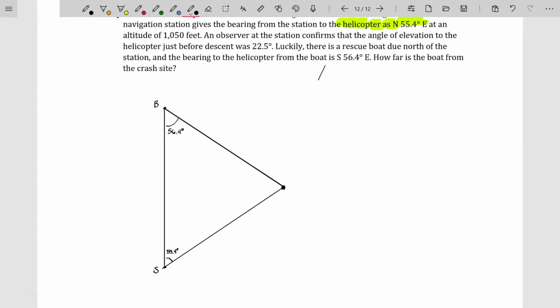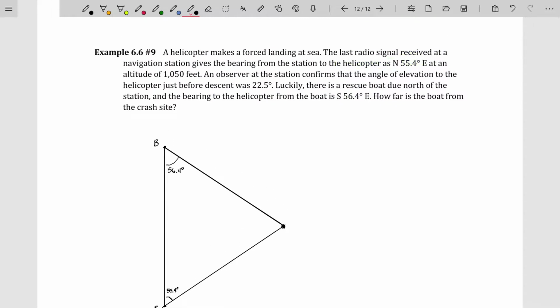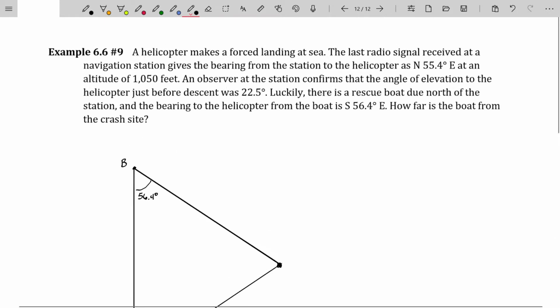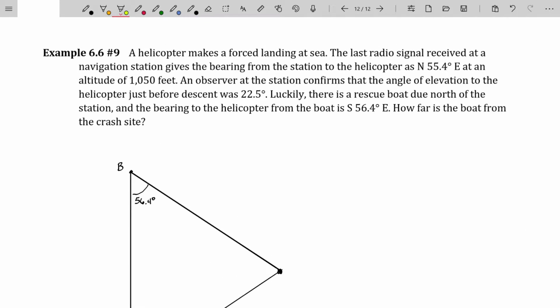Let's see what else we can work with here, because they gave us a lot of information, right? Maybe I should leave highlighted the things that we talked about. We know the helicopter made a forced landing at sea. Great, that information has already been taken into account. We know the bearing from the station to the helicopter is north by 55.4 degrees east, and we've done that already.